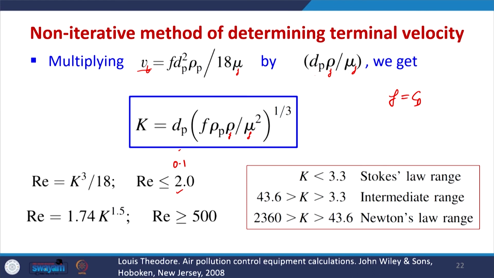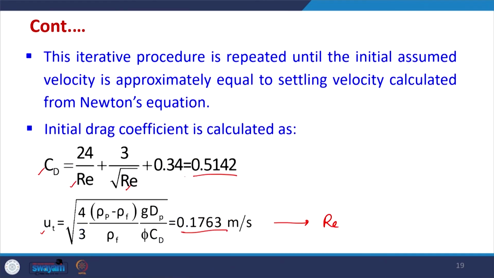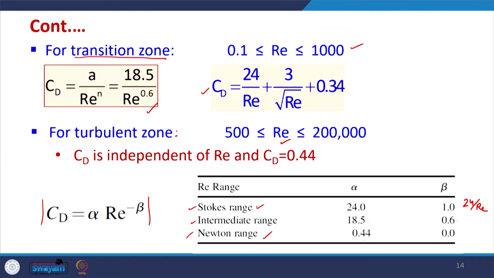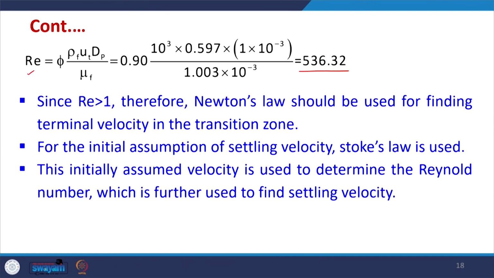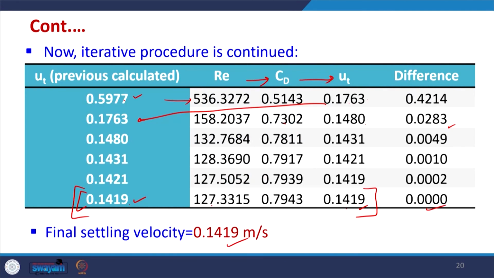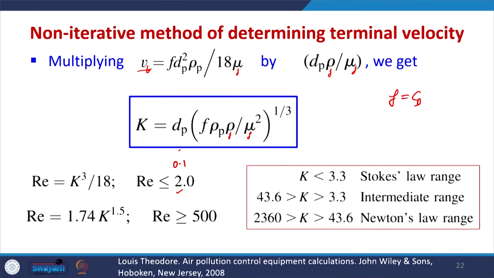So, we can easily write this expression. Earlier remember the CD value was given to be, for this particular Stokes law region, 24 by RE, and this expression can be changed. So, we can write for RE and this expression can be changed with respect to this. So, in place of CD we will have F, and overall this expression can be obtained.